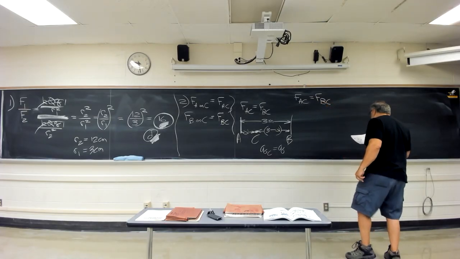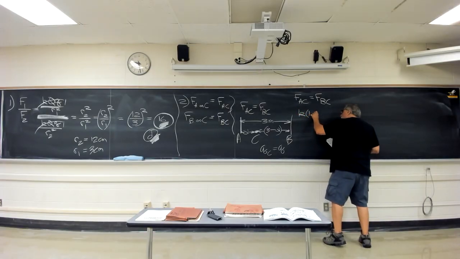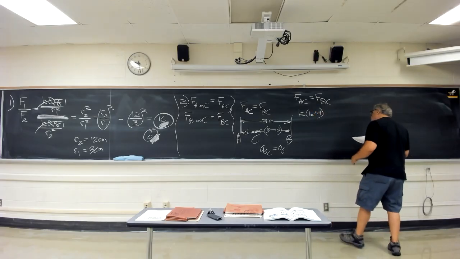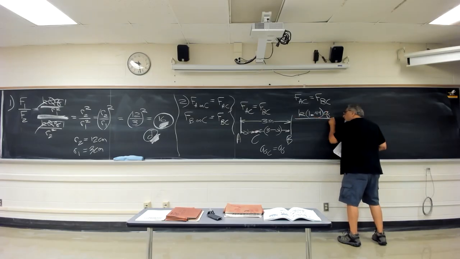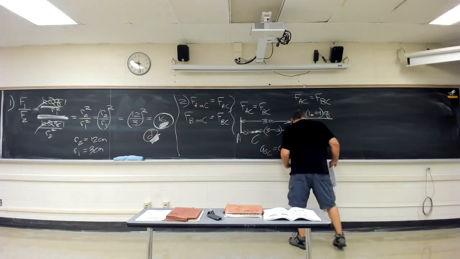How does this work? Well, it's going to be K times the A charge. And the units are all in agreement, so we don't have to write specific units if all the units are proportional to one another. C charge is Q. The distance between those two is right here.